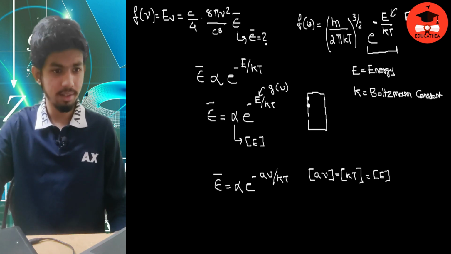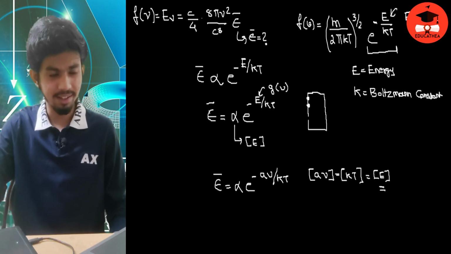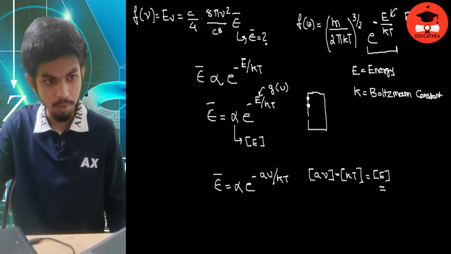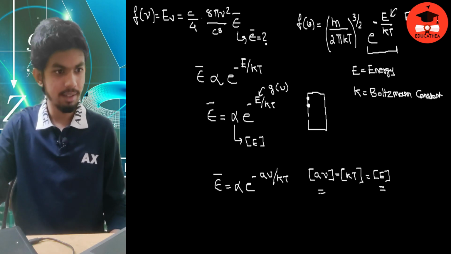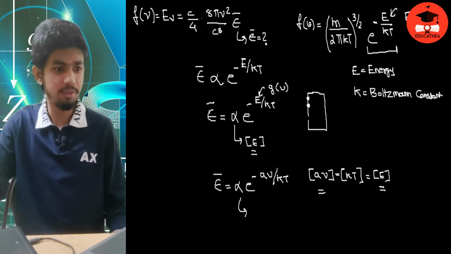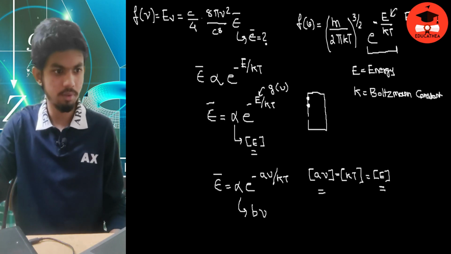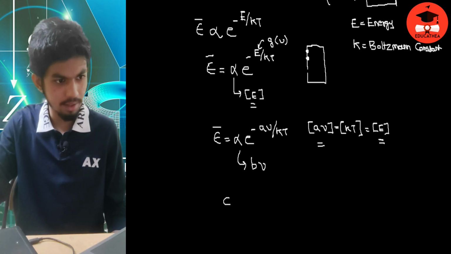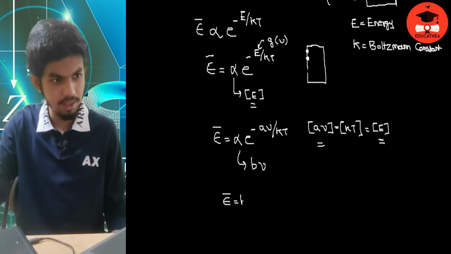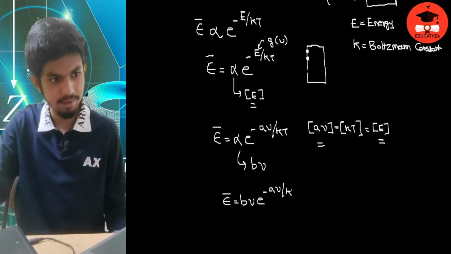If this is the case, then we know that energy has a dimension which is a product of some constant into frequency. And alpha also has the dimension of energy. Then maybe alpha is also of the form of some other constant, maybe b into nu. So epsilon bar is basically some constant b into nu into exponential of minus some other constant a nu divided by kT.